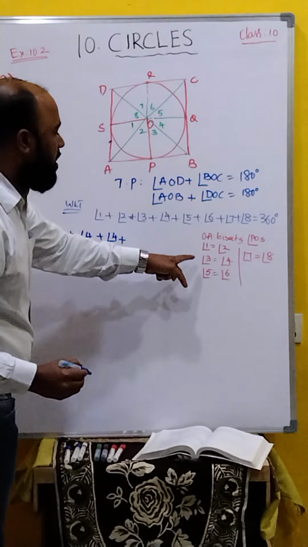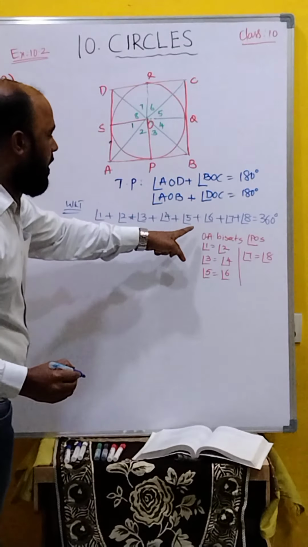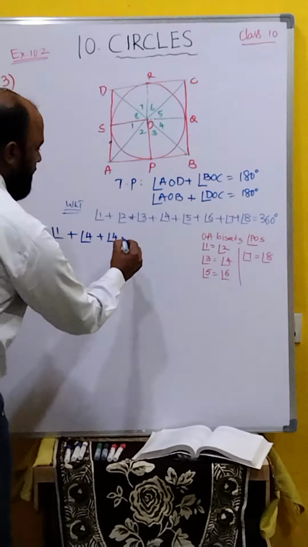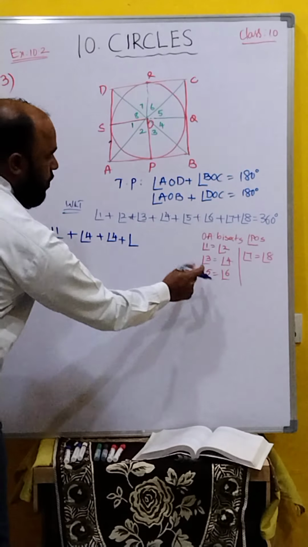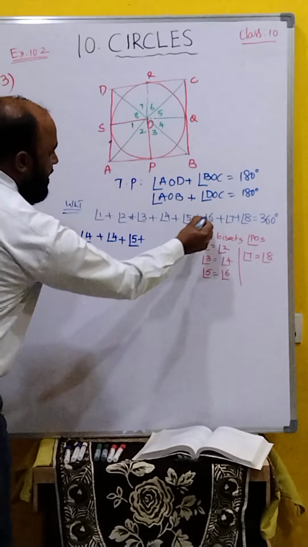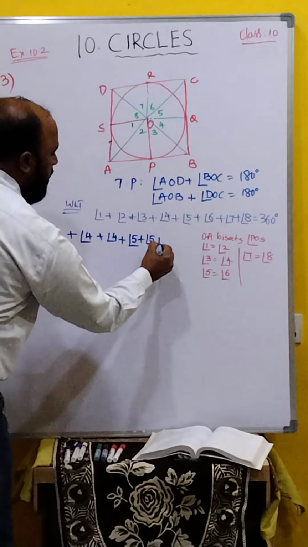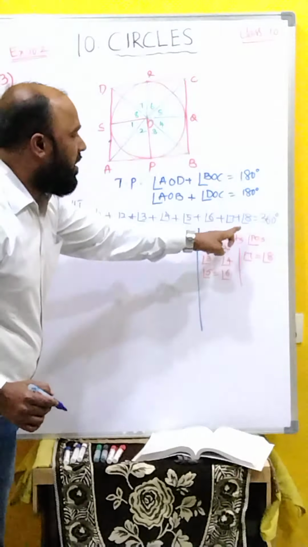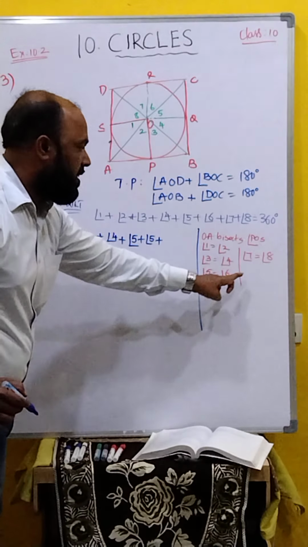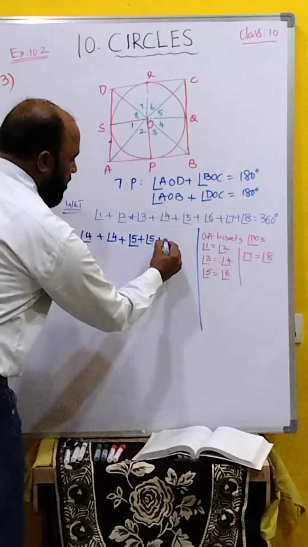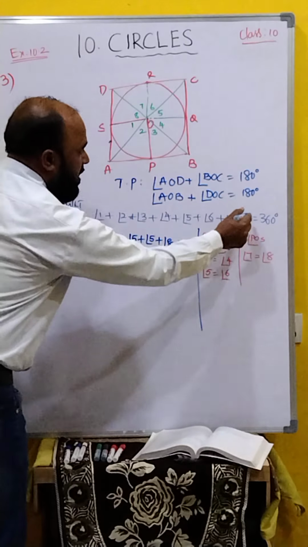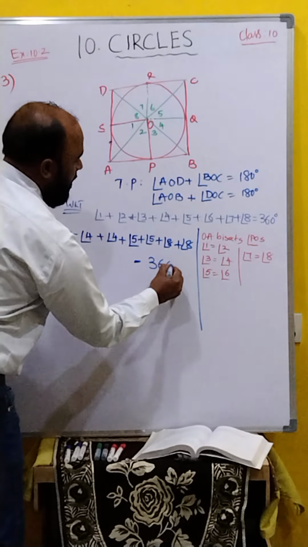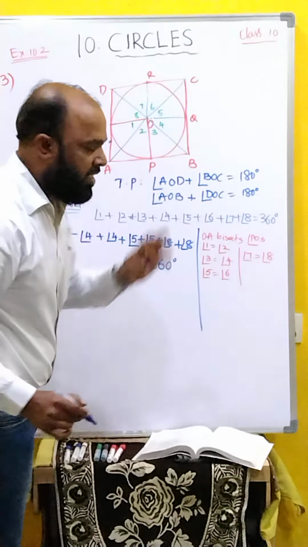Plus here what is next one? 5 and 6. 6 is equal to 5, apply in this. 5 is same. Then 6 means angle 5, because both are equal. Next angle 7 and 8. 7 is equal to 8, apply here. 8 and 8 is already we have. Is equal to 360 degrees. We know already it's 360.